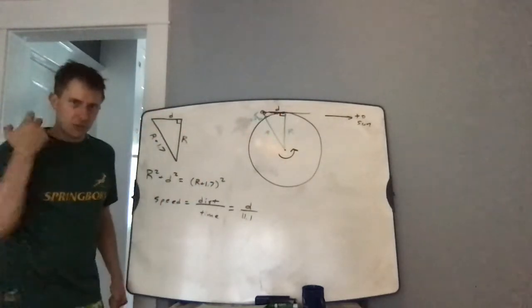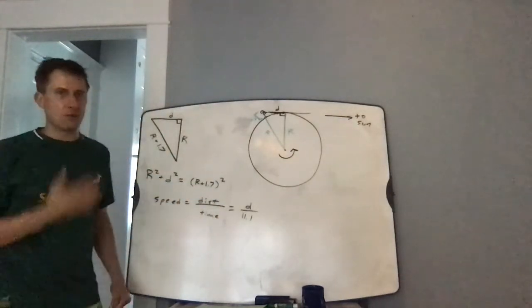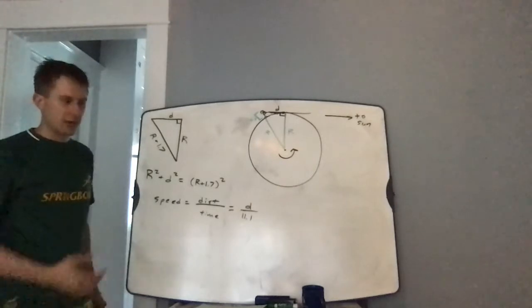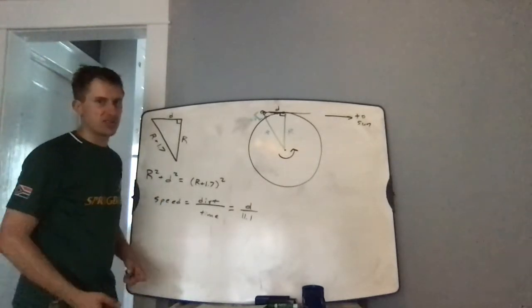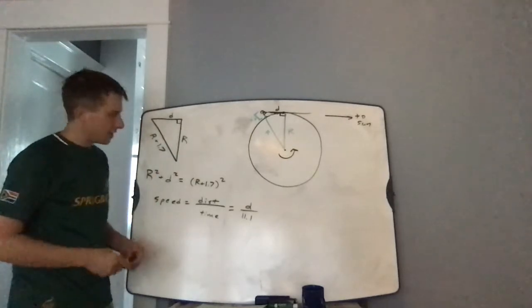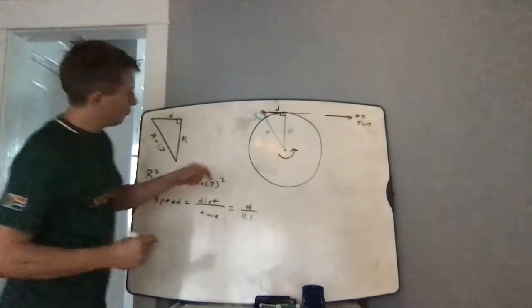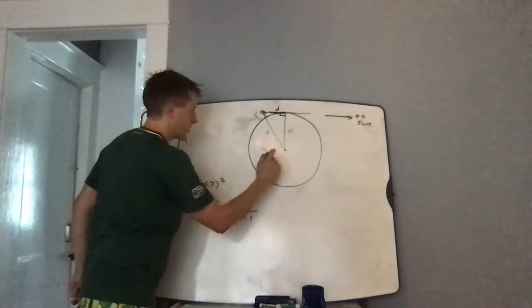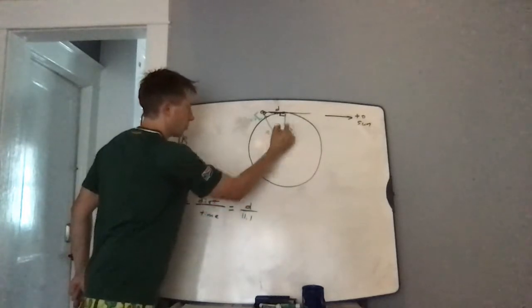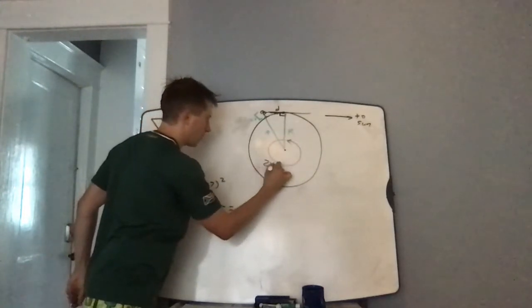Is there another distance that we travel in another interval of time that we can write that either will give us a number explicitly or give us some numbers and some factors of r? So if I think about it, I could look at this and say, well, in 11.1 seconds, you went from here to here. In 24 hours, you will go all the way around once. So this will be in 24 hours.